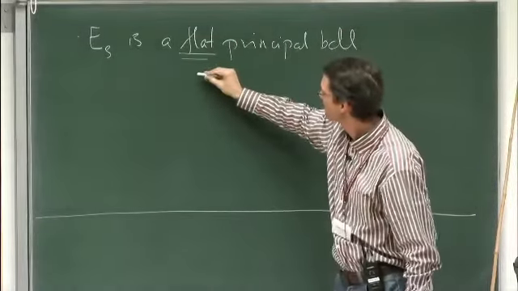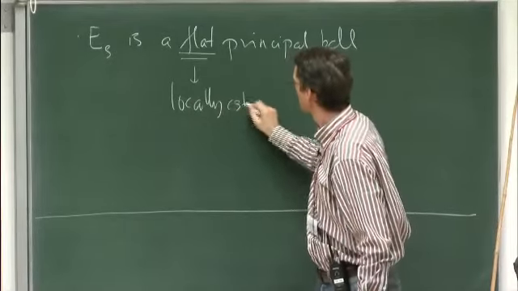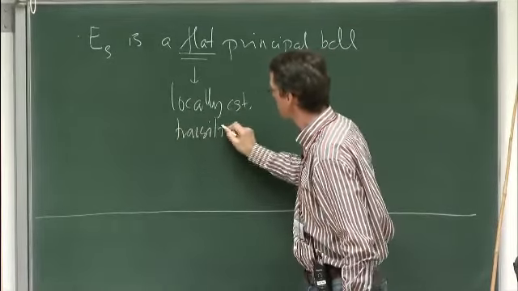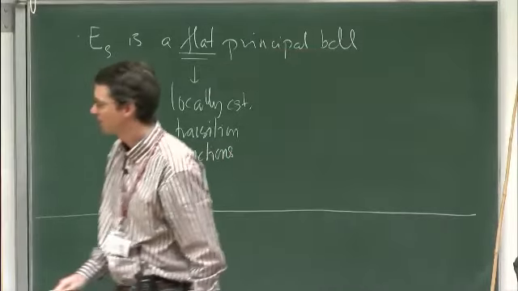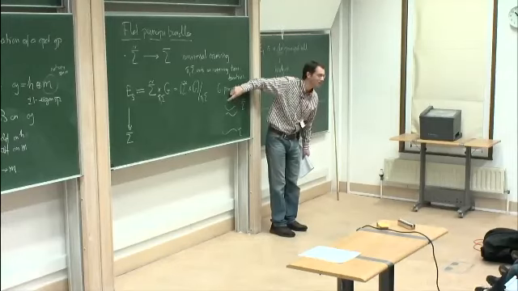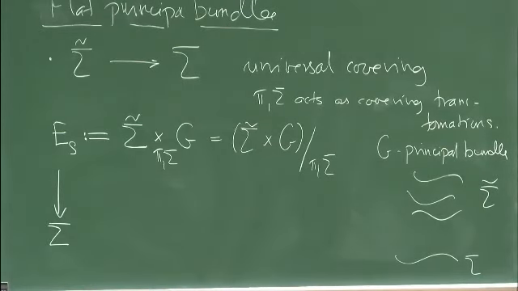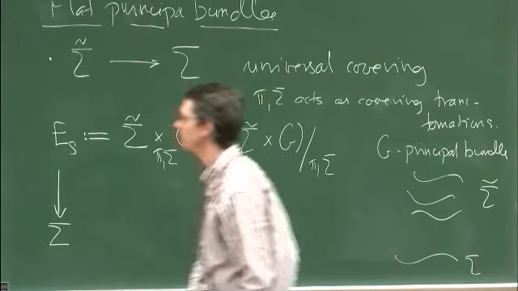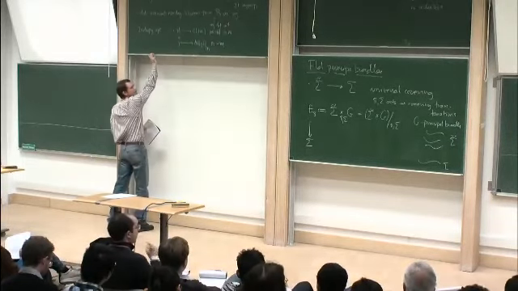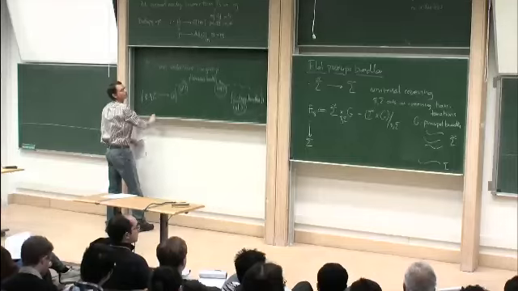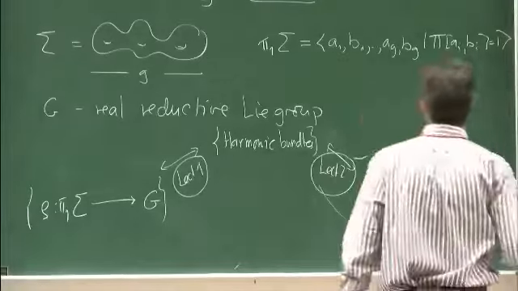One way of saying it is that we can define it by locally constant transition functions. Simply because, if we look at these layers here, it's trivial over each of these sheets of the covering. Another way of saying it is that we have a flat connection.